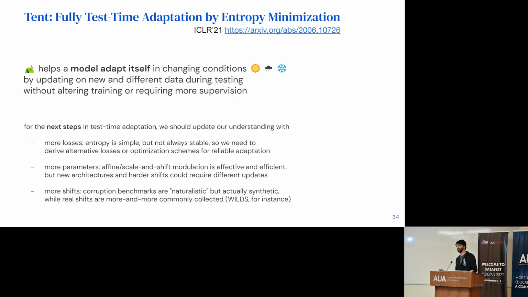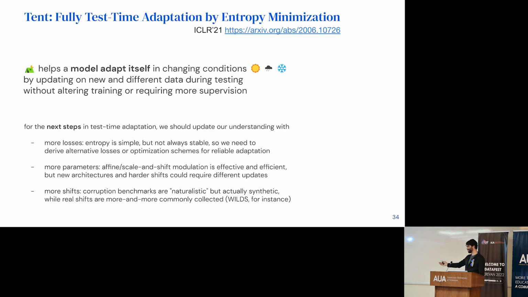And last, there are always more shifts. There are the benchmarks I showed, but more shifts are happening all the time. And very importantly, some of them are even real shifts taken from data sets in the wild, like the WILDS data set from Stanford, where you could imagine, say, data from different hospitals that is looking at the same tissues, but needs to work across these different places it was collected.